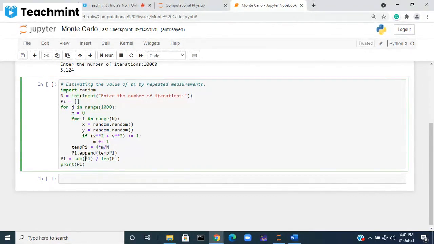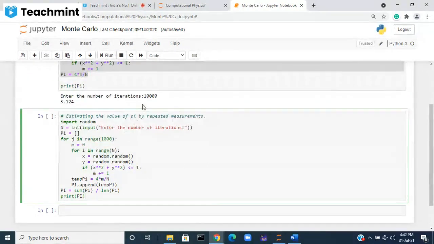This step simply means you calculate the average value of all those measurements of pi. Store the average value in the variable pi, then print that variable. So this should give us a more accurate value of pi.